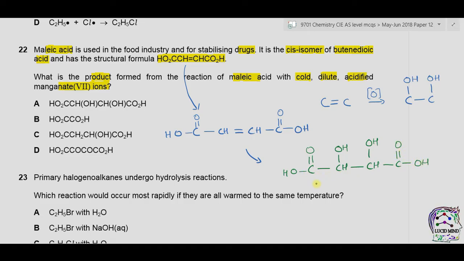We can also write the formula like this. We have CO2H on one side, then we have CH, OH as a substituent, then again we have CH, OH acting as a substituent, then we have CO2H. Now we can see that this product is exactly similar to the one given in part A.